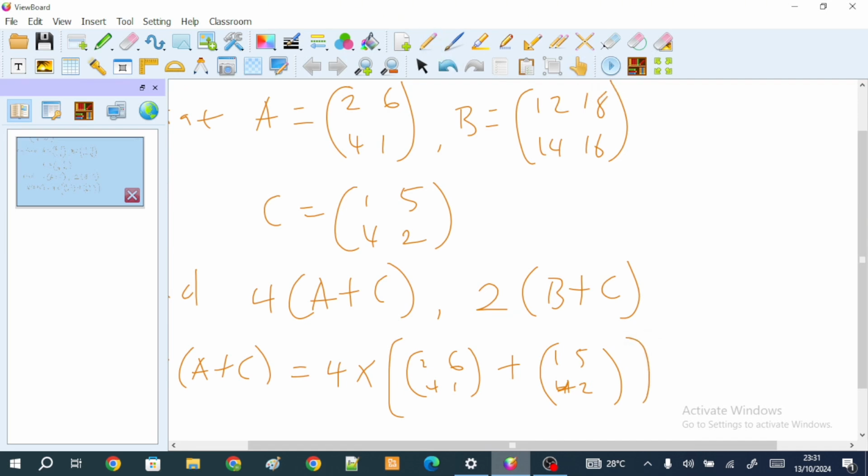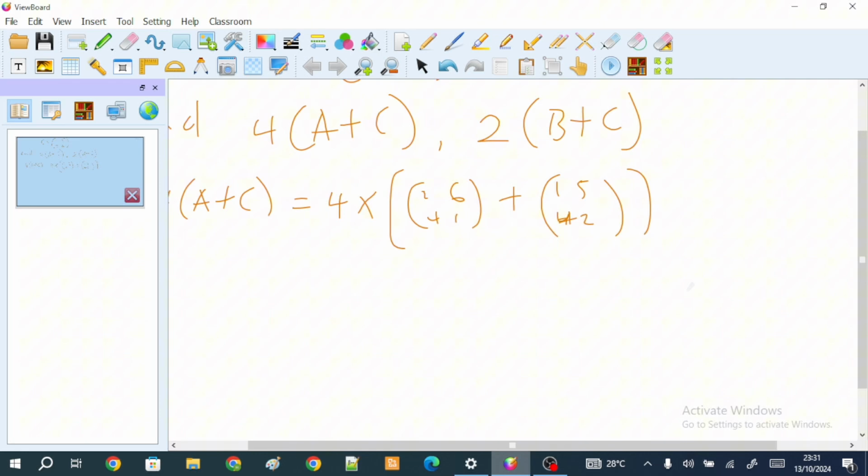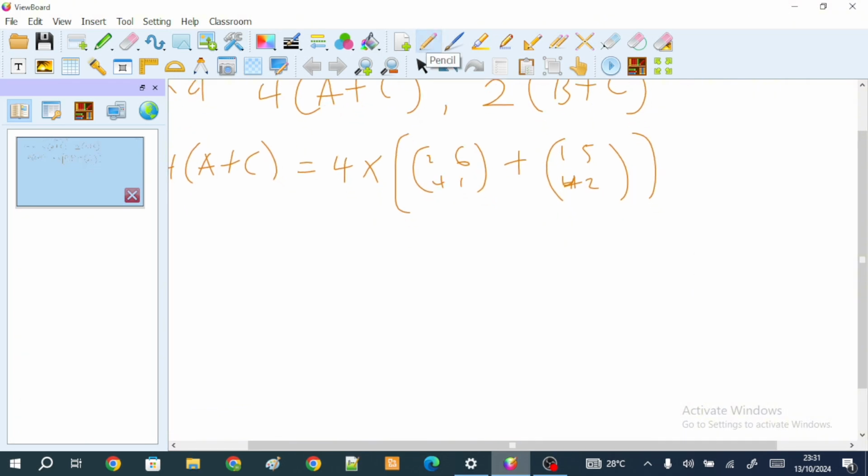Let's solve this now. Let's begin with the innermost bracket, or the matrices that are inside the bracket. So we'll have 4, and then we'll have this. Remember, we're going to add elements at corresponding positions. So 2 plus 1, then 6 plus 5, 4 plus 4, and then 1 plus 2.